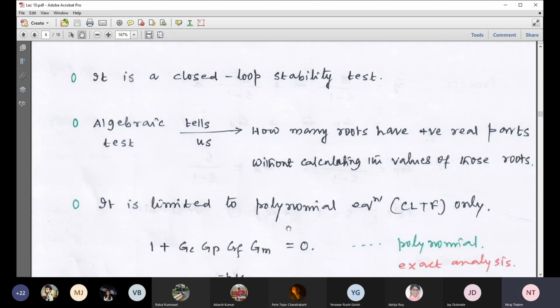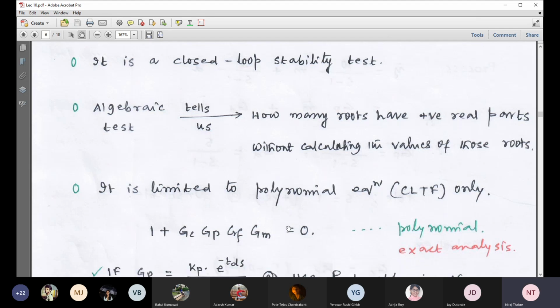And it is limited to polynomial equations only. So the CLTF must be polynomial.